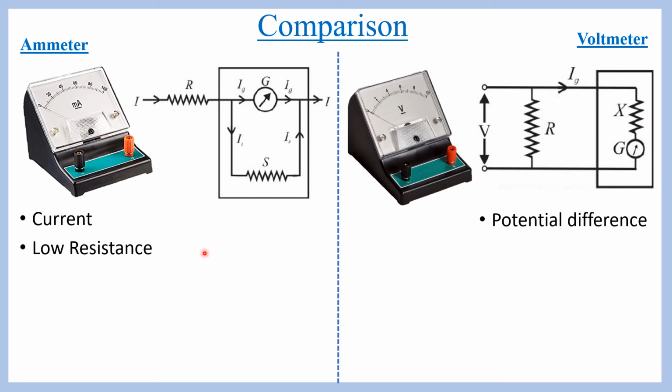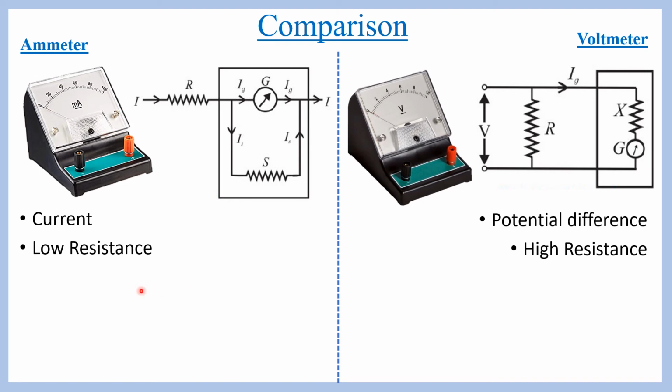Now, when you are converting a galvanometer into an ammeter, you connect a very low resistance in parallel to the galvanometer. That is the second point. When you are converting the galvanometer into a voltmeter, we connect a very high resistance in series to the galvanometer.